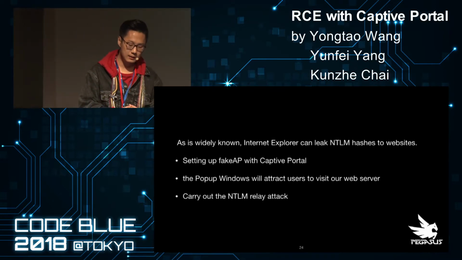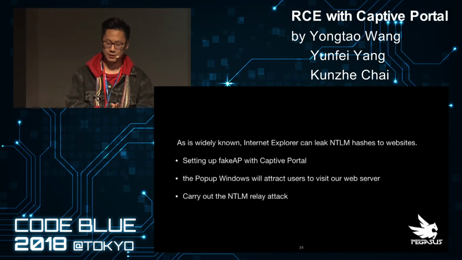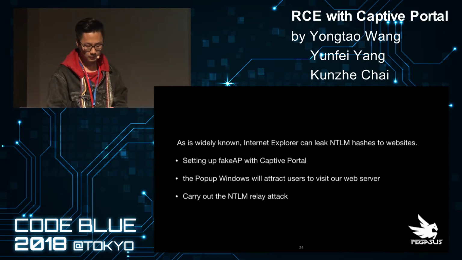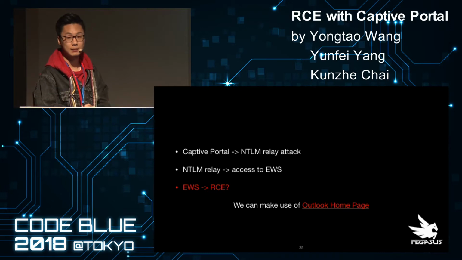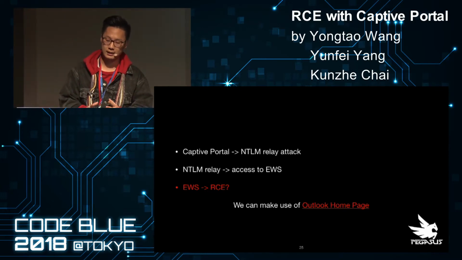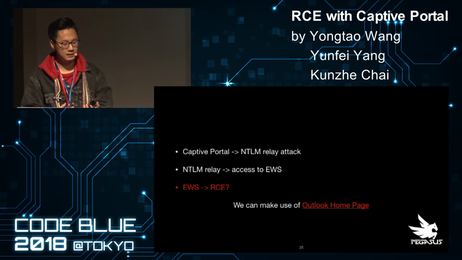If Internet Explorer is the default browser, we can carry out the NTLM relay attack. We use the captive portal to achieve the NTLM relay attack and get access to EWS, but how can we achieve RCE?